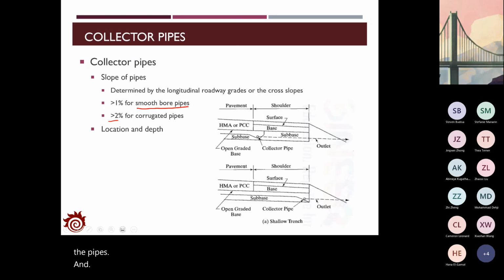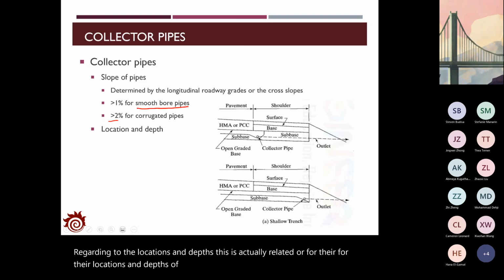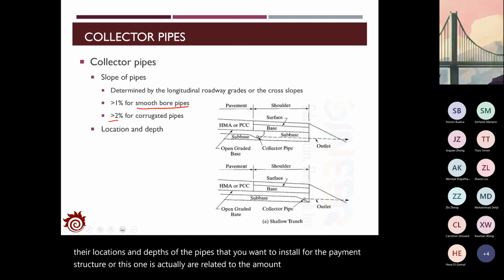And regarding the locations and the depths, this is related to the locations and depths of the pipes that you want to install for the pavement structure. This is related to the amount of groundwater and also the frost action.